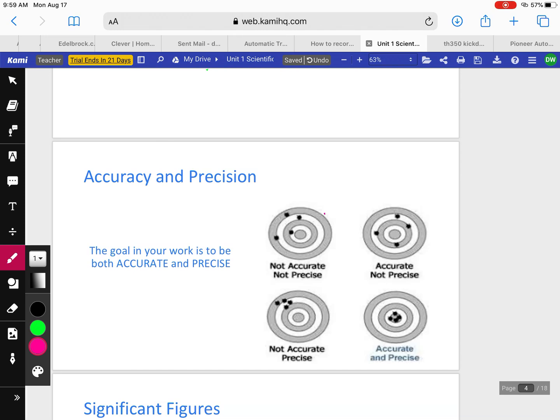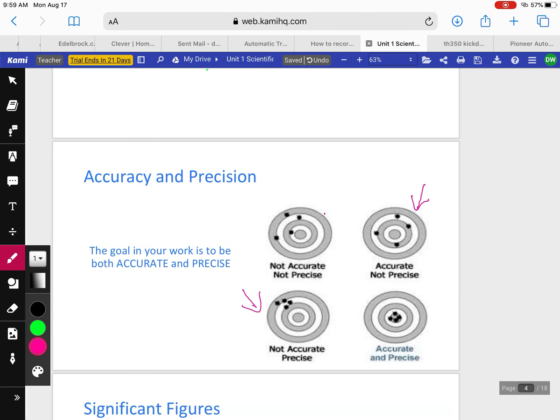If you look at the second one, you can see that it is accurate but not precise. So it's relatively close to the bullseye, but they're not in the same spot. Now if we look at this one right here, notice that they are precise.